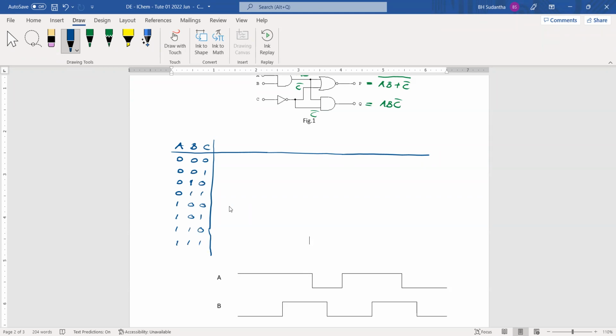Okay, first we can make AB here. And then we can make C bar.